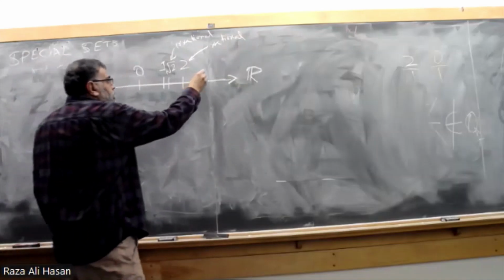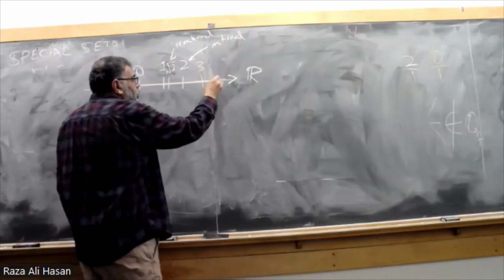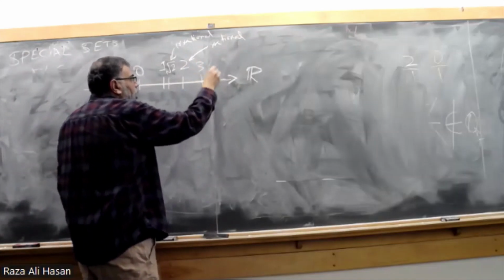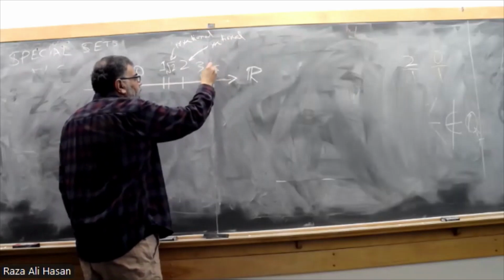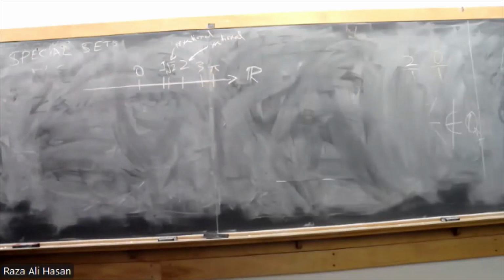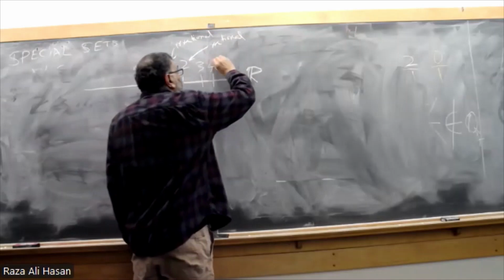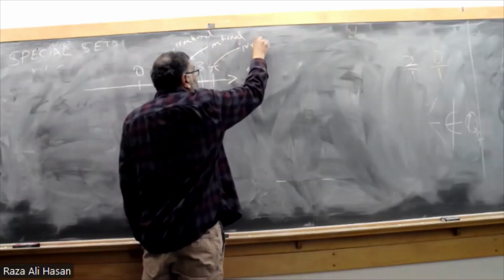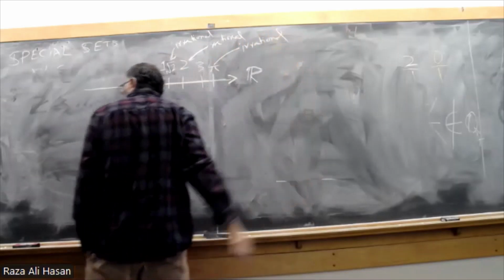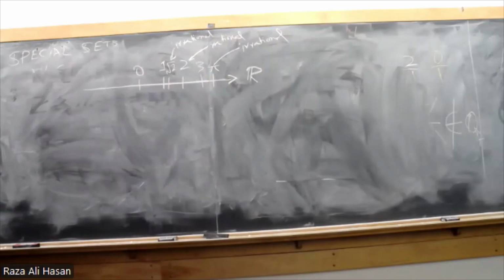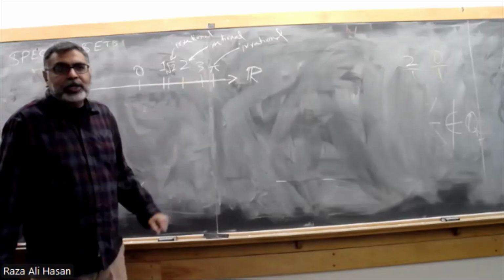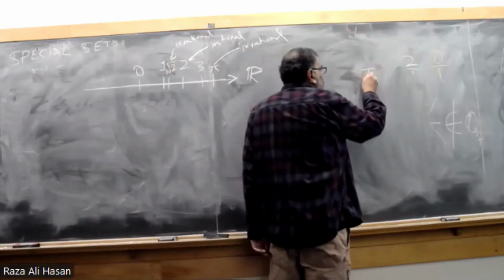We've got 3 here, and I'm going to put the number pi right there. And number pi is an irrational number. So the set of real numbers is made up of rational and irrational numbers. Why is pi an irrational number and not rational?